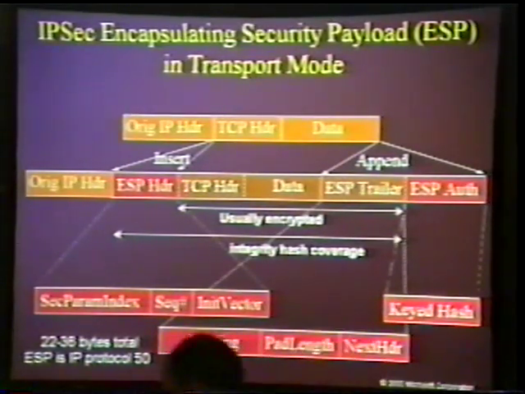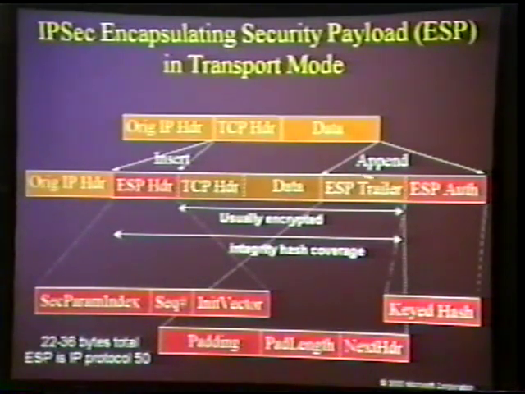That means in this final field right here, that's going to tell me what this header is, because we are encapsulating, any of the IP protocols can go right here, so it's going to tell me what this header is.